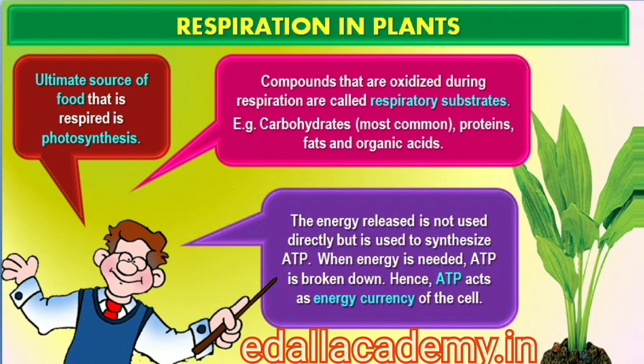Hence, it is important to understand that the energy released by oxidation in respiration is not, or rather cannot be, used directly but is used to synthesize ATP, which is broken down whenever, and wherever, energy needs to be utilized. Hence, ATP acts as the energy currency of the cell. This energy trapped in ATP is utilized in various energy-requiring processes of the organisms, and the carbon skeleton produced during respiration is used as precursors for biosynthesis of other molecules in the cell.